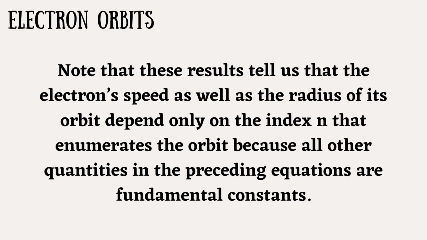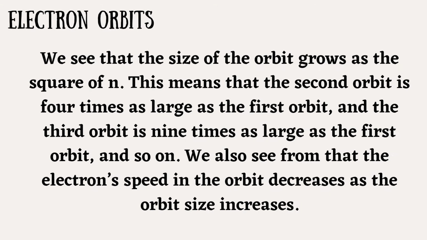Note that this result tells us that the electron speed as well as the radius of its orbit depend only on the index n that enumerates the orbit, because all other quantities in the preceding equation are fundamental constants. We can see that the size of the orbit grows as the square of n.